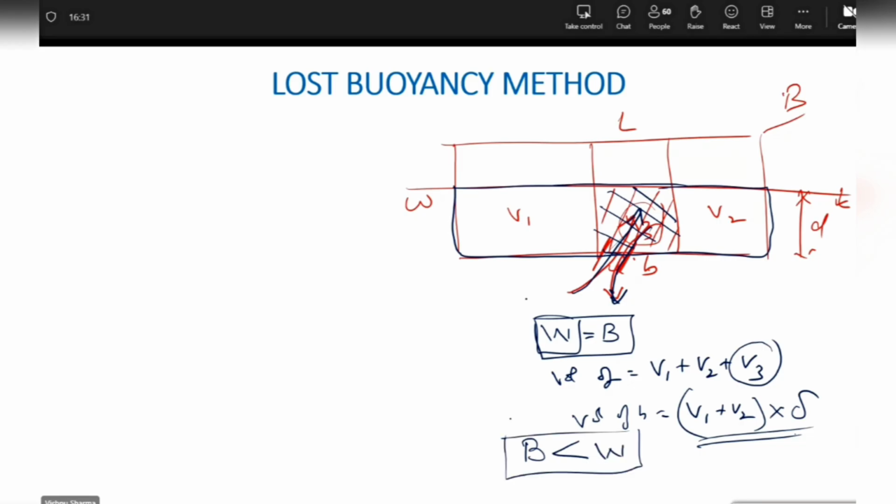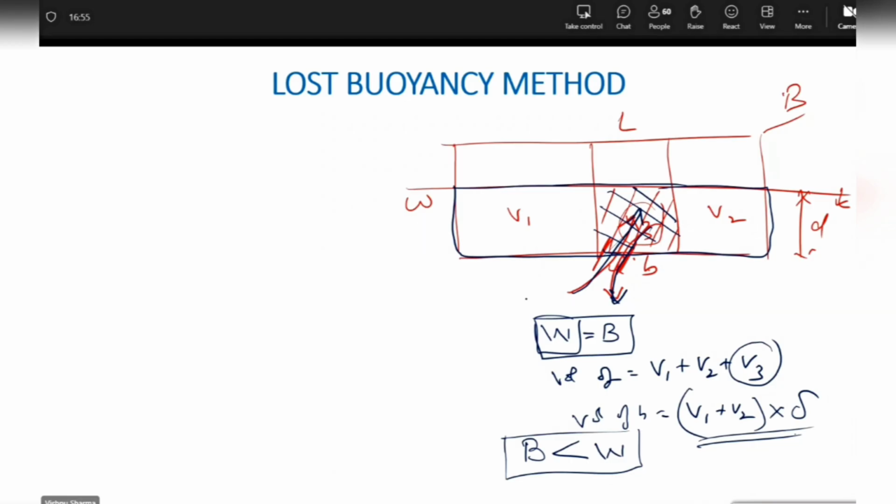There is no change in the displacement. Why? Because I have not loaded anything. I have not discharged anything. But what has happened is that some of the volume which was earlier contributing to buoyancy is now lost. And therefore, my buoyancy falls short of displacement.